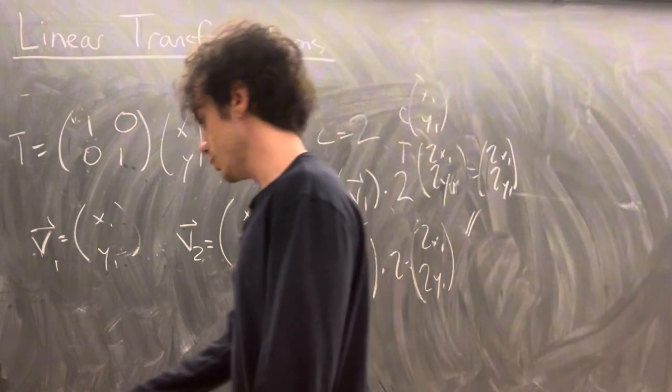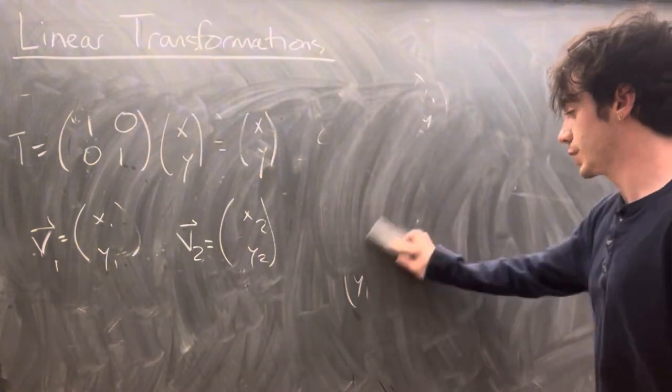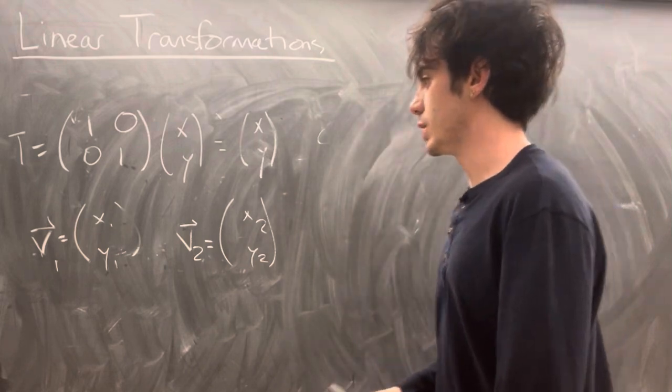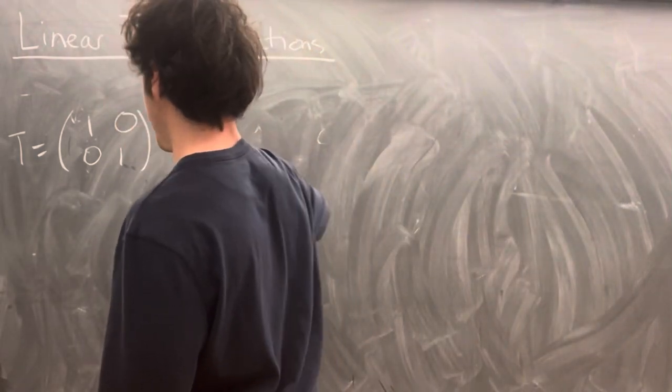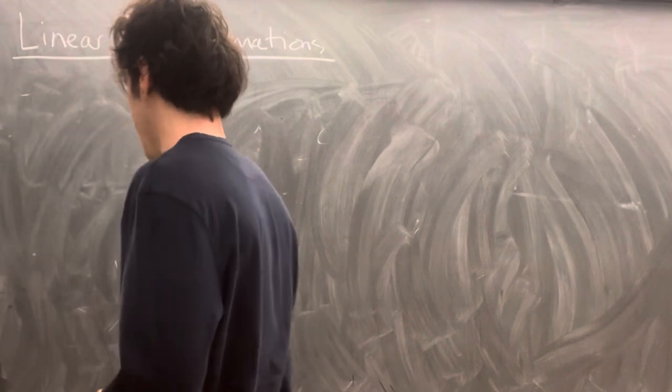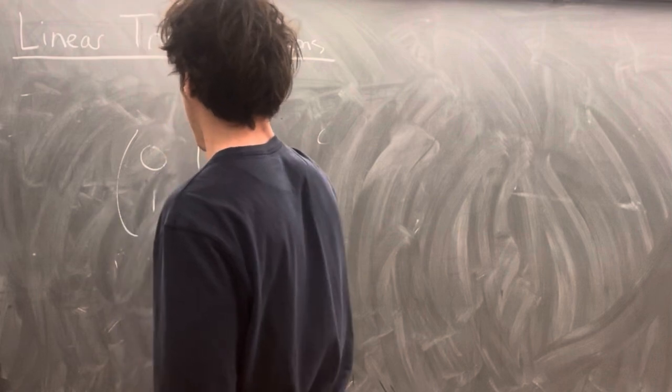So now let's do something that's slightly more interesting. What would happen if we took a matrix, say 0, 1, 1, 0.